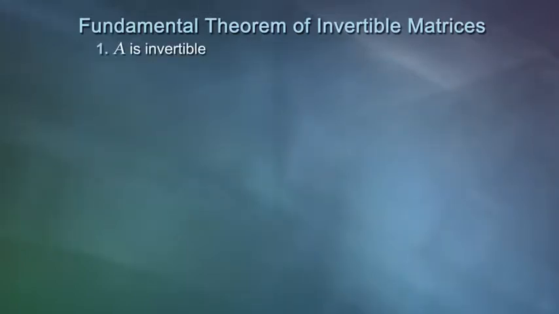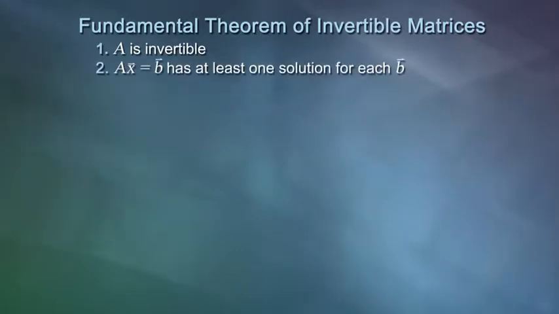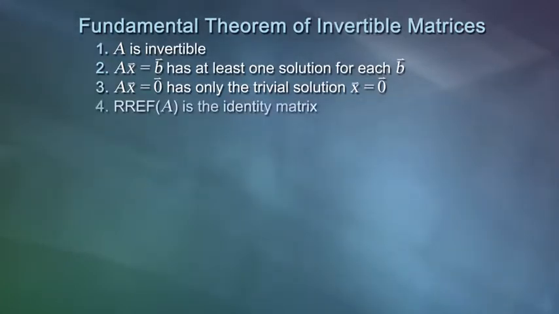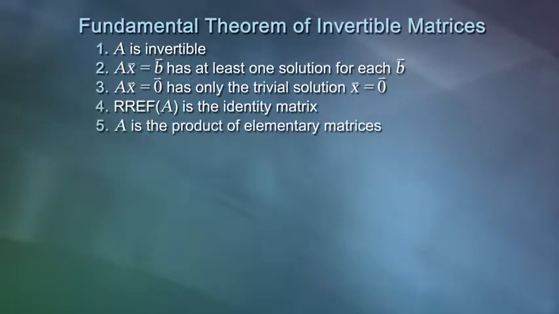Number 1, A is invertible. Number 2, AX equals B has at least one solution for each B. Number 3, Ax equals 0 has only the trivial solution, x equals 0. Number 4, the reduced row echelon form of A is the identity matrix. Number 5, A is the product of elementary matrices.